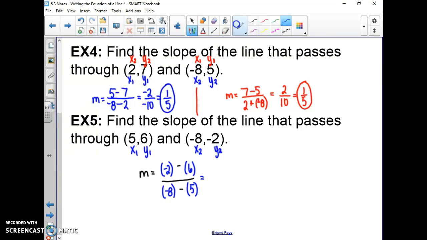Negative 2 minus 6 is going to give me negative 8. And negative 8 minus 5 is going to give me negative 13. This will not reduce, but a negative over a negative is a positive, so this is positive 8 over 13, and that is the slope of our line.